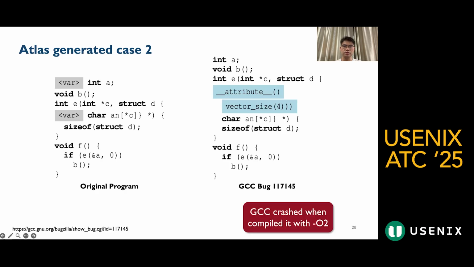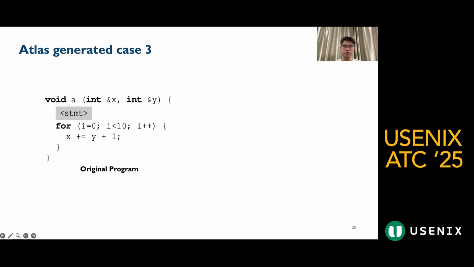In this case, compiling the program with GCC using the -O2 option triggered a compiler crash, revealing a new bug in GCC. This slide presents an example of inserting statement attributes, using a for loop as the example.